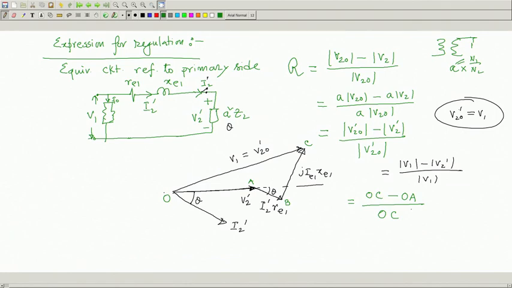Okay, in this page let it be a bit dirty, but you will be continuing without any disruption, that okay, this I have to find out. Now, the argument you listen. The argument is these drops, this and this, both these drops are much smaller compared to this lengths. You must understand, because it is a well designed transformer, R_e and X_e1 are smaller.